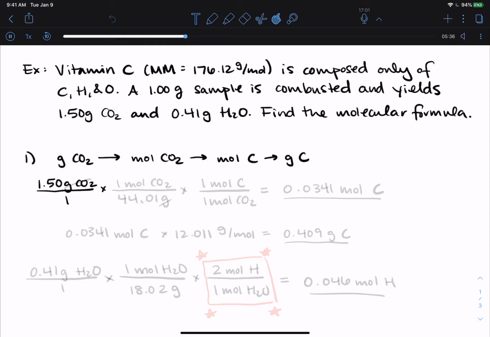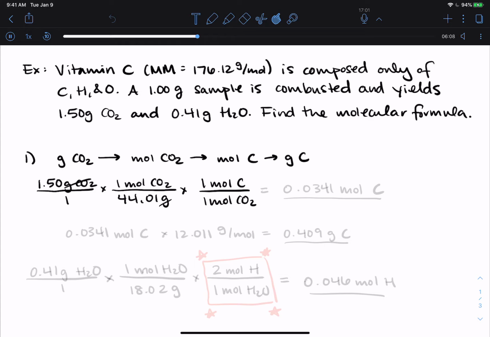But if you needed to, you could calculate the molar mass of carbon dioxide. And we know that 1 mole of CO2 is 44.01 grams. So we're at moles of CO2. From the formula, which has 1 carbon and 2 oxygens, we know that we get 1 mole of carbon for every 1 mole of CO2.